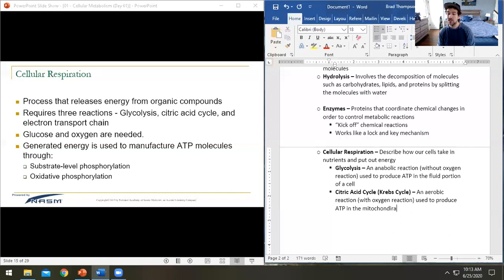Basically it goes through this whole process of taking the byproducts of glycolysis and further breaking those things down into more ATP molecules.